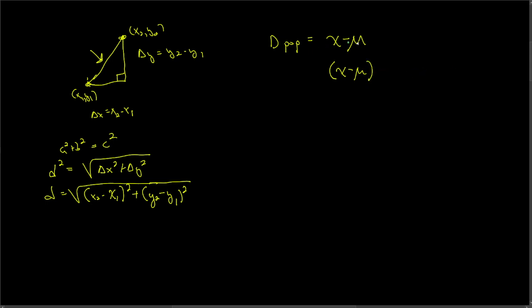And so if this deviation was negative, a negative number squared is positive, and if this deviation was positive, a positive number squared is positive. And so this gives me a distance squared. And if I take the square root of it, I'll always get a positive number.